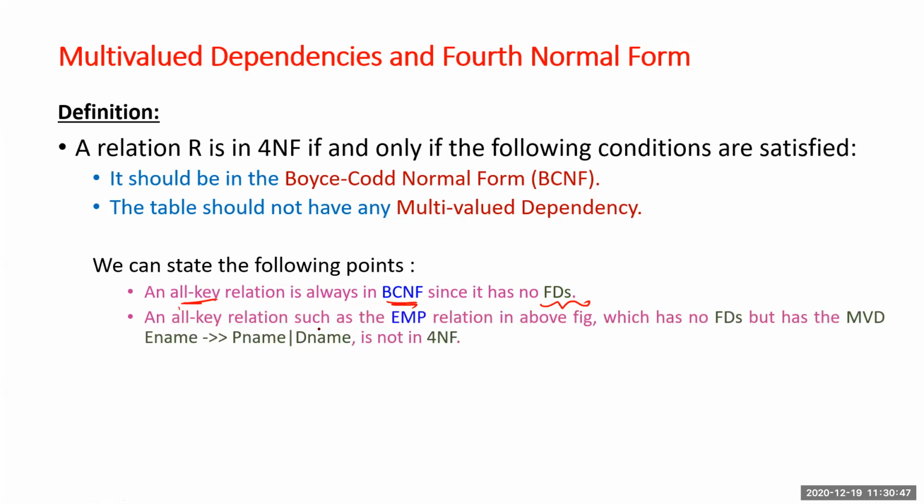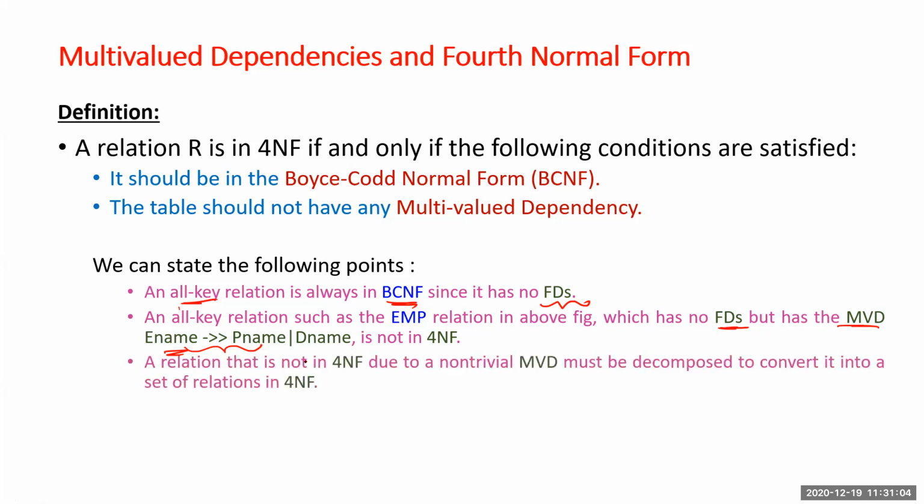And all key relations such as the EMP relation in the above figure have no FDs but have multivalued dependencies, that is E name multi-determines P name and D name, which is not in 4NF.